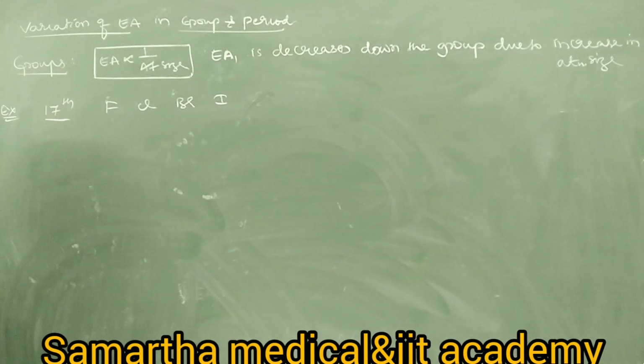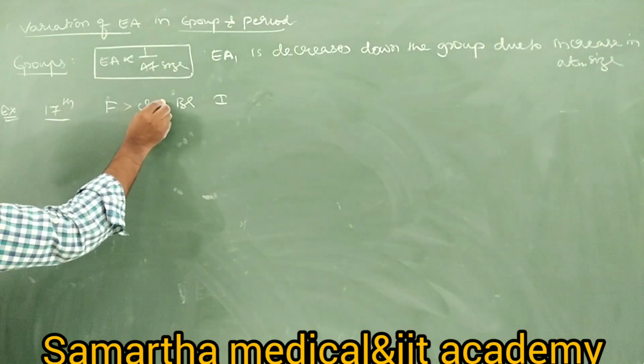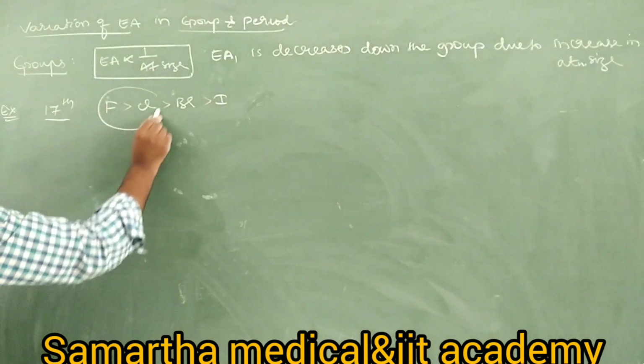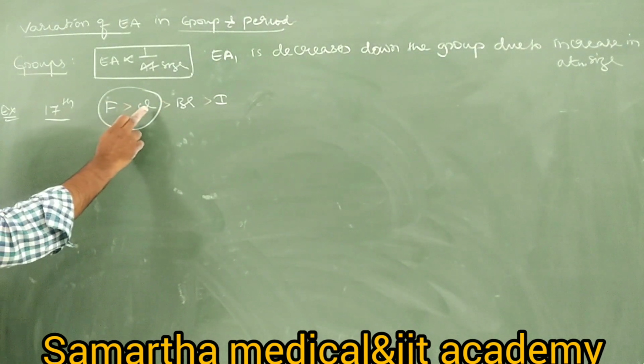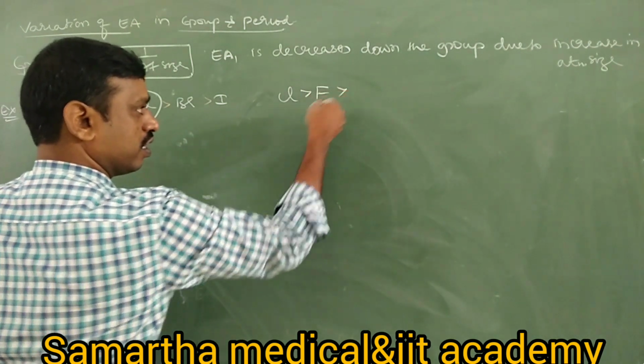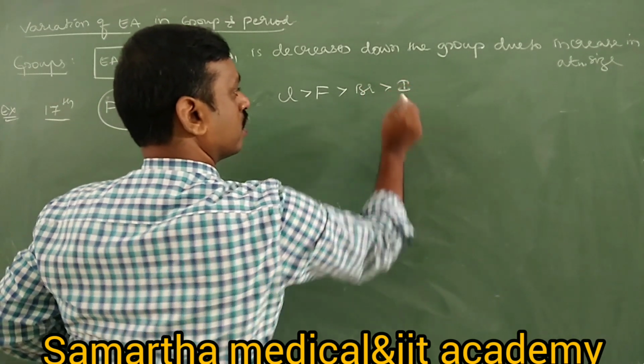So what is the electron gain enthalpy of the 17th group elements? It is supposed to be fluorine greater than chlorine, then bromine, then iodine, but not. So there is an exception here. The electron gain enthalpy of chlorine is greater than fluorine, then the remaining are the same, bromine and iodine. Why?